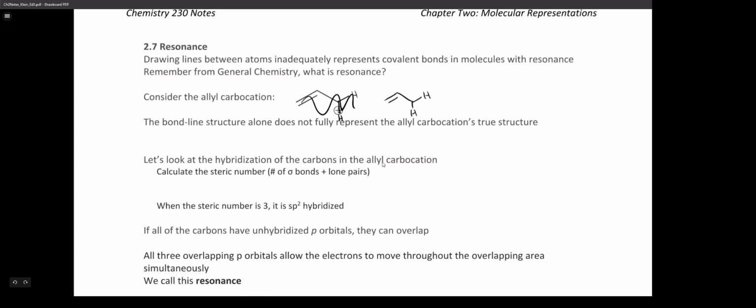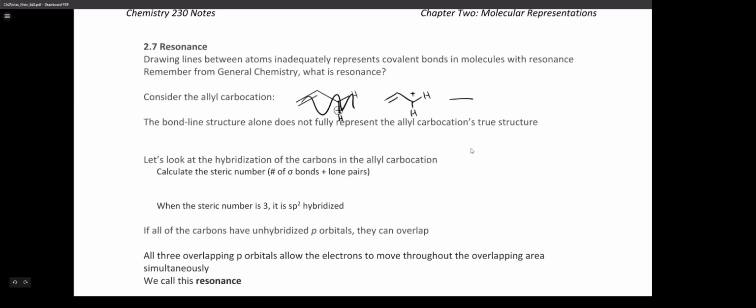So how many carbon atoms do we see here? 3. So this is one way to represent this molecule, but it is not the only way.